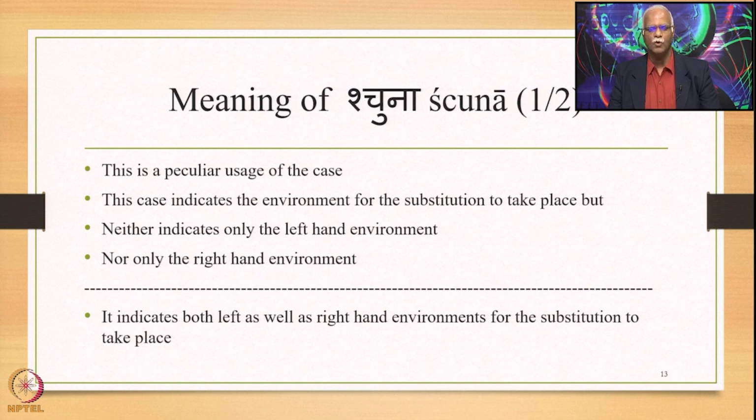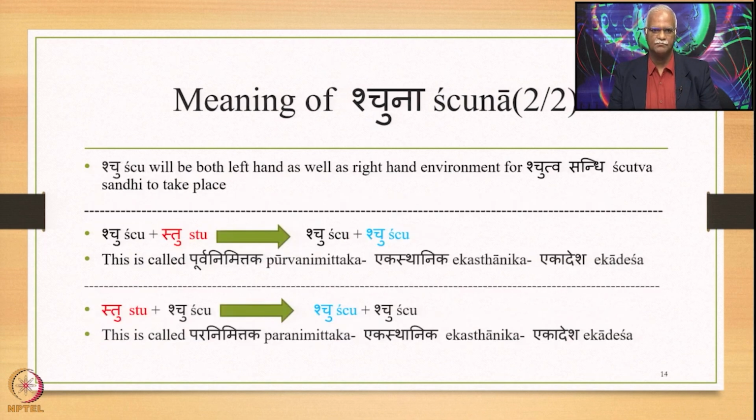Rather, it indicates both left as well as right hand environments for the substitution to take place. Shchu will be both left hand as well as right hand environment for shchutva sandhi to take place.